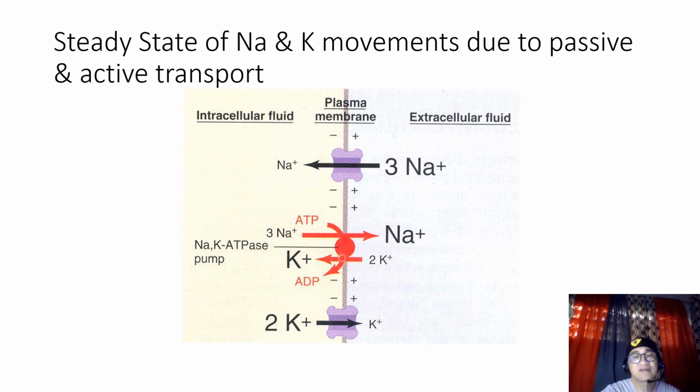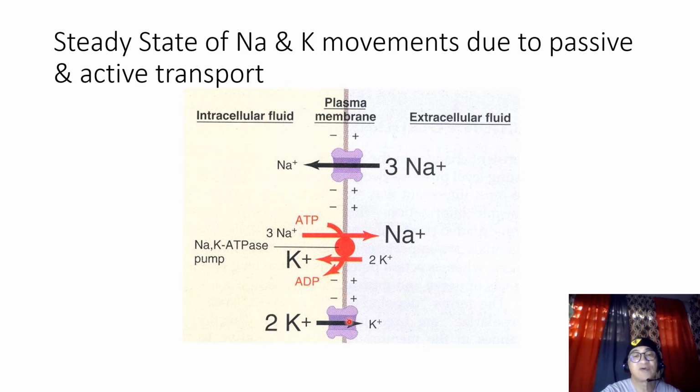But other than that, you also have the relative permeabilities of the membranes of neurons to the sodium and potassium ions. The membrane of neurons has more passive ion channels that are open for potassium than there are for sodium.